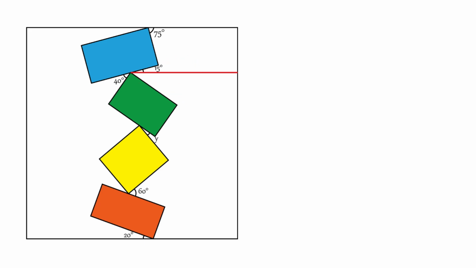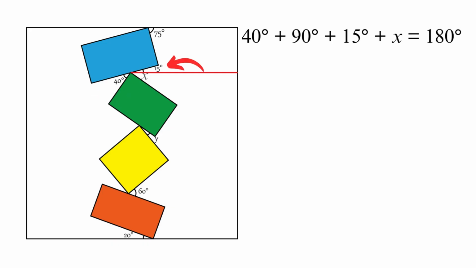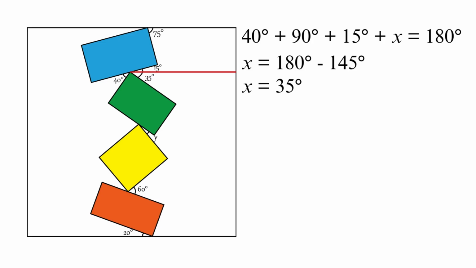Let's call it X. Since these four angles are around one point, they add up to 180 degrees. 40 degrees plus 90 degrees plus 15 degrees plus X equals 180 degrees. X equals 180 degrees minus 145 degrees equals 35 degrees. Perfect. Another important angle, 35 degrees, found.